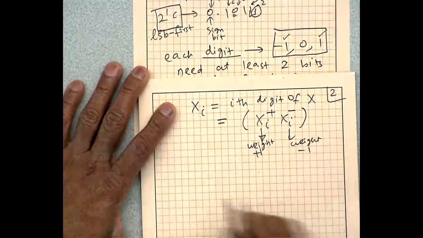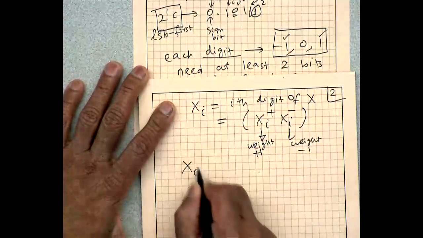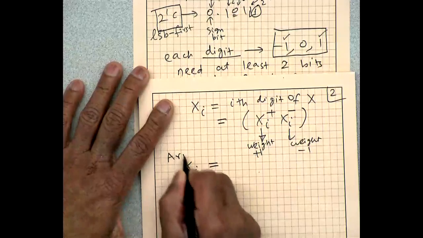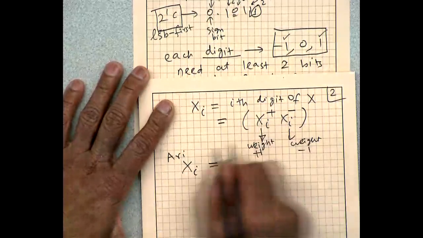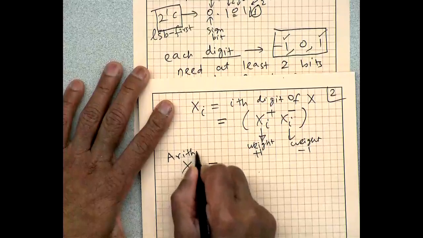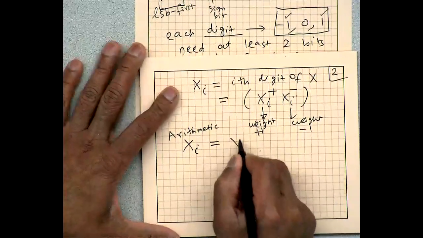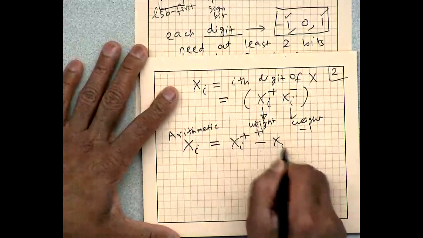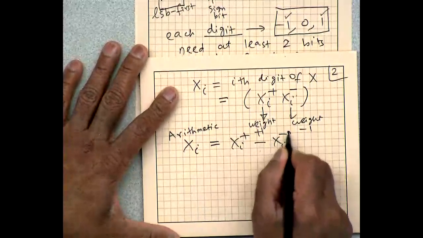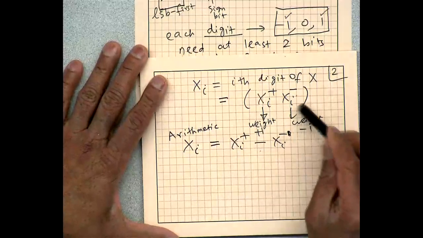Okay. So we can see the arithmetic value. These are Boolean values, binary variables. So I can represent the actual arithmetic value of the digit xi as xi plus minus xi minus, where this is a minus weight, minus 1.